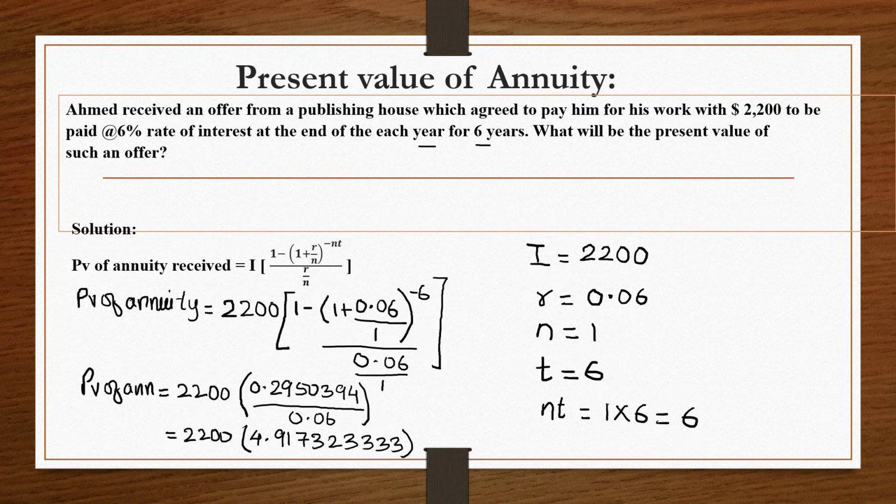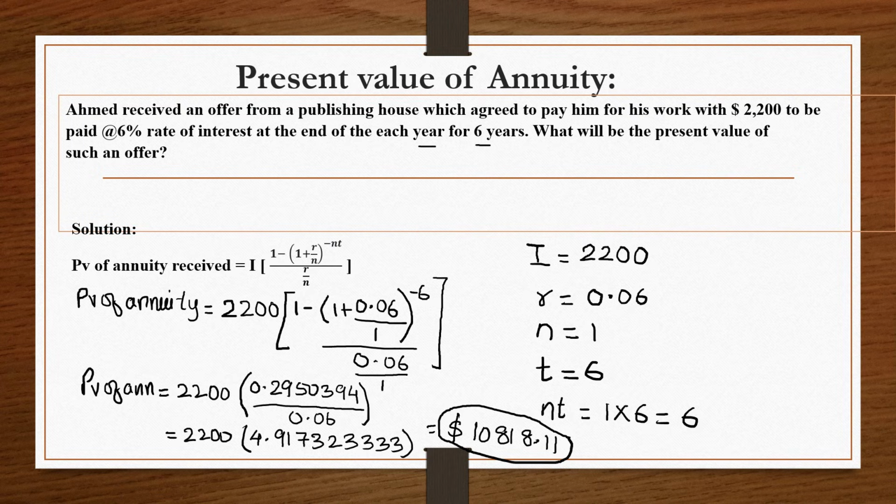Now 2200 multiplied by 4.91732333, we will get the answer. Our answer is 108.11. So this is my present value of annuity.